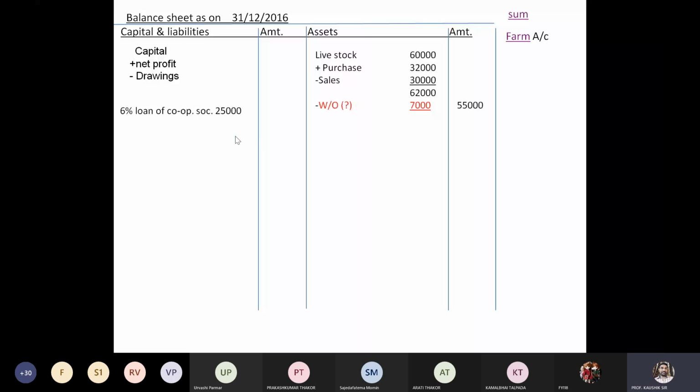Interest 1,500. Outstanding interest that we have to pay. So the second effect will be given for the interest on the debit side of the farm account also now.